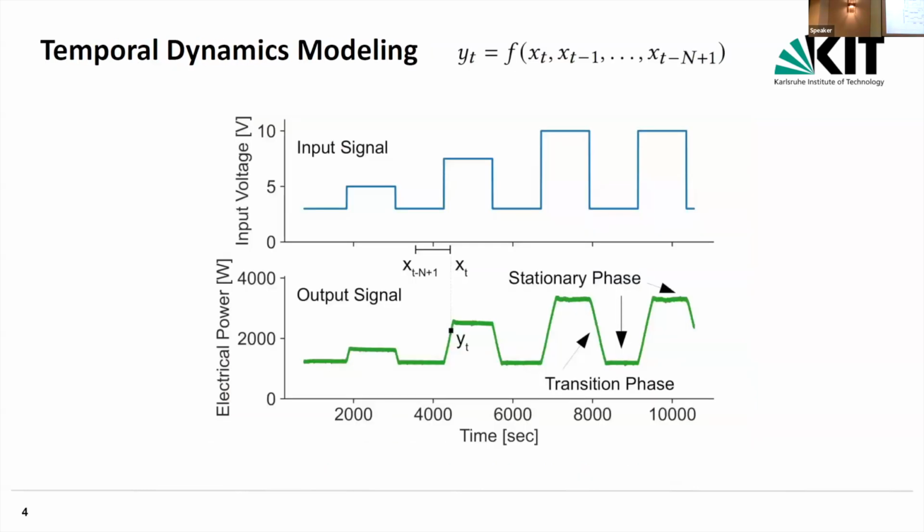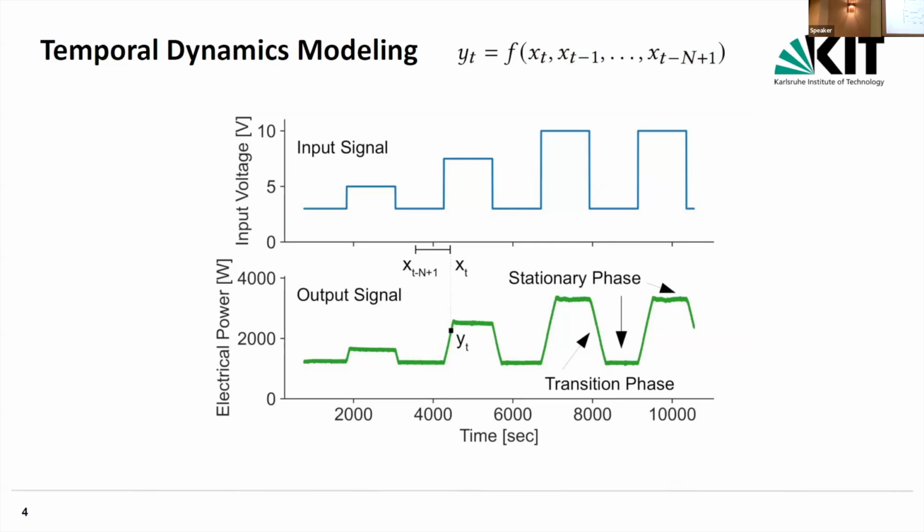So let's take a look at a task of temporal dynamics modeling, which treats a gas turbine as a black box. So I would like to address the right part of our audience. We see here on the top the input of such a gas turbine, and on the bottom we see the output.